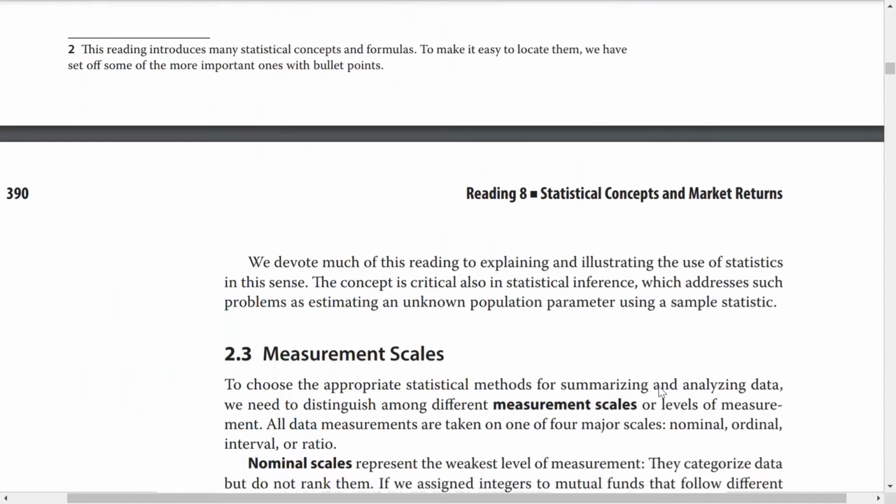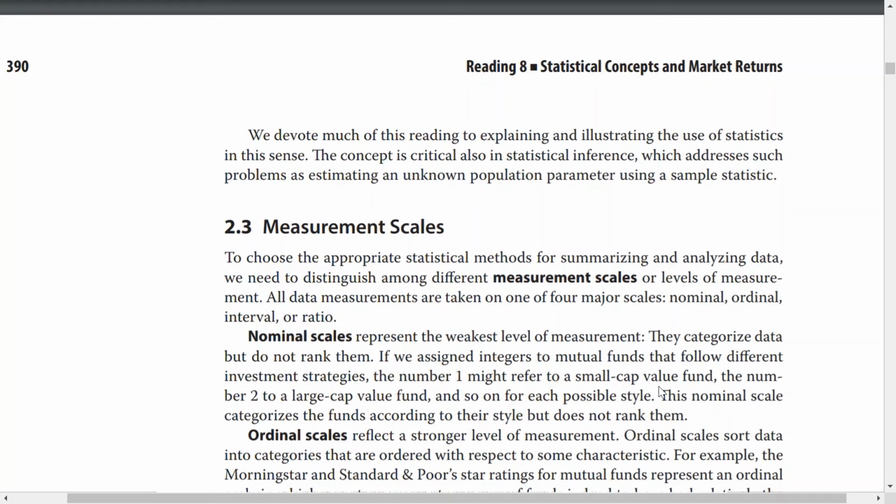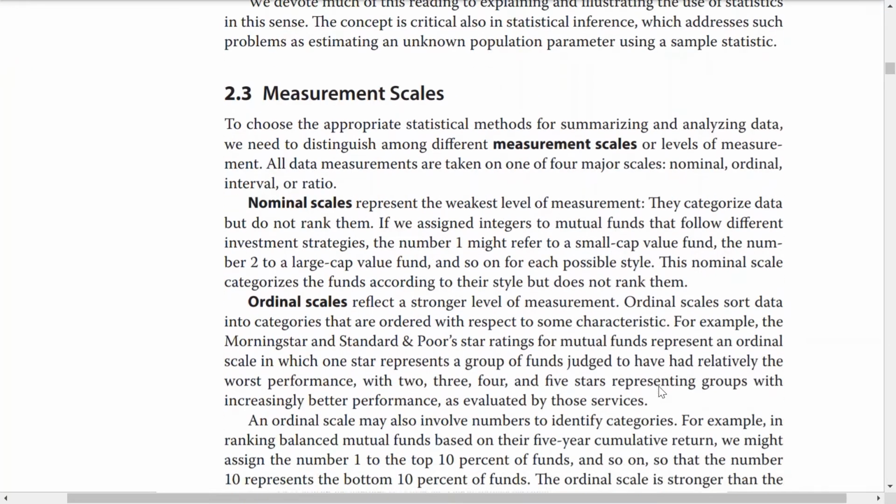We devote much of this reading to explaining and illustrating the use of statistics in this sense. The concept is critical also in statistical inference, which addresses such problems as estimating an unknown population parameter using a sample statistic.